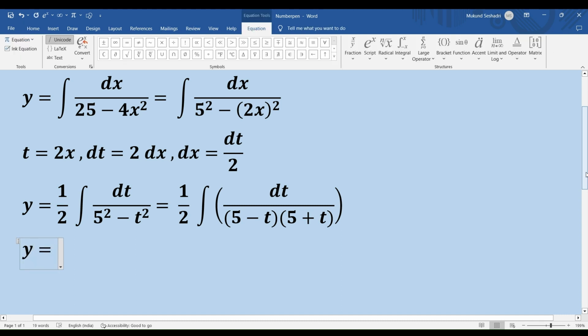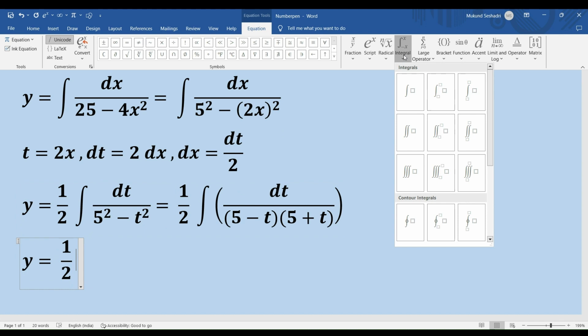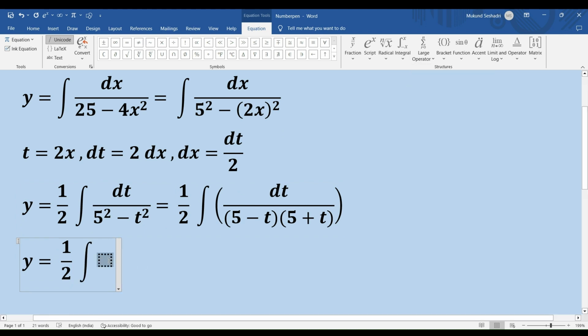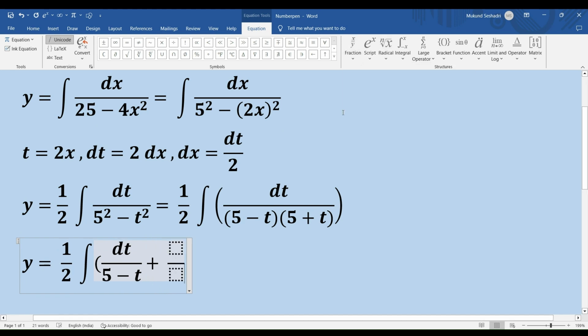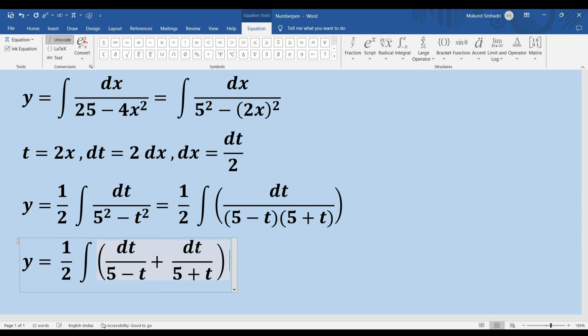Let me rewrite this particular expression post resolving it into partial fractions, right? So I have this as integral of, and I can write this as dt by 5 minus t, right, plus dt by 5 plus t, right? Take a look at this expression.